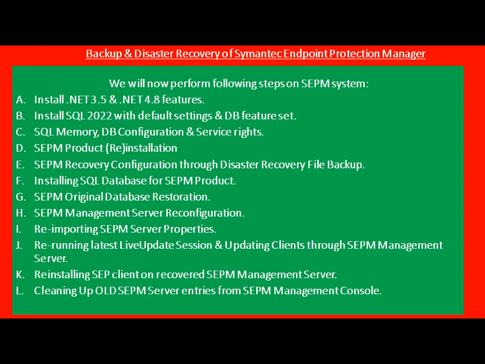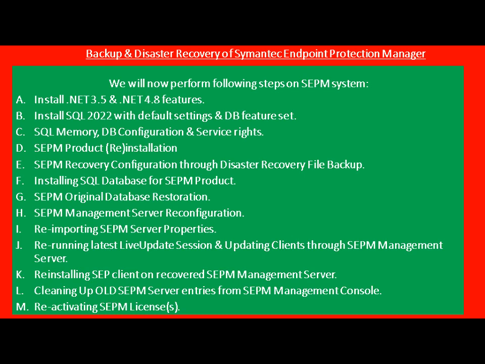So these many steps are your master checklist for your SEPM management server recovery. Okay, so let's do these steps step by step practically. And sorry, one more last is we will be reactivating or re-importing our SEPM licenses also, right?